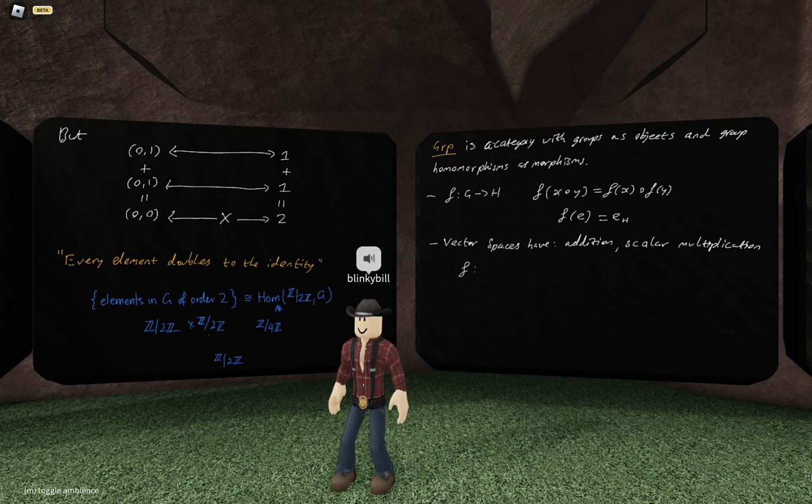A morphism of vector spaces, say from V to W, is going to have to satisfy the same shape rule: f of x plus y equals f of x plus f of y. You'll know this as linearity, because morphisms of vector spaces are linear transformations.